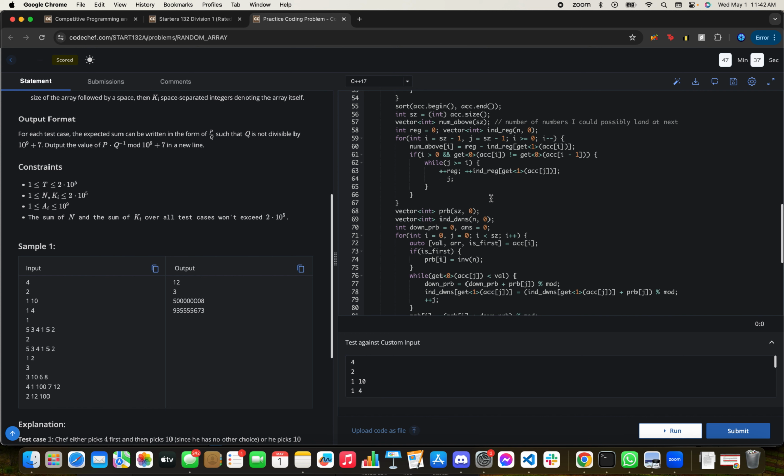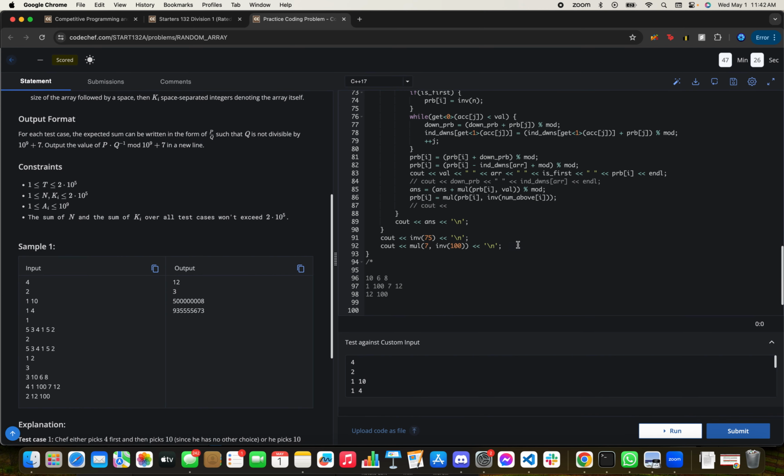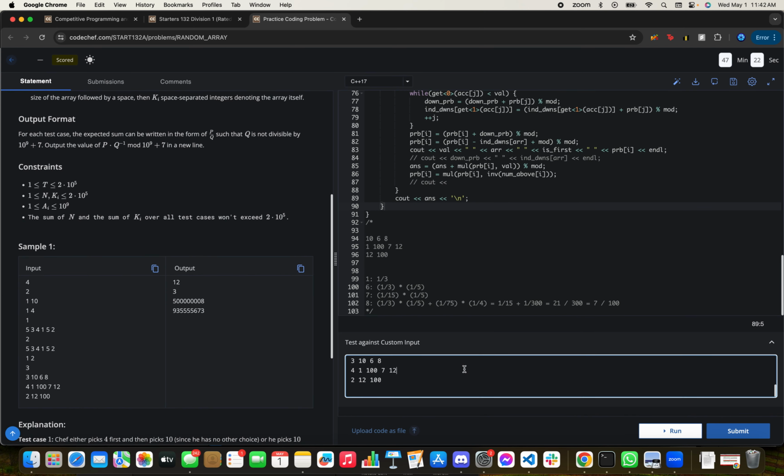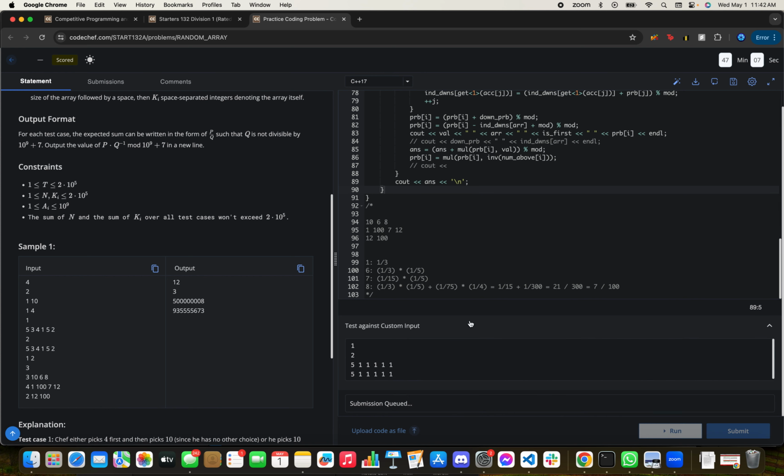Okay, let's think a little bit about my method here. Or let's try to come up with a simple case, actually. What does this get?